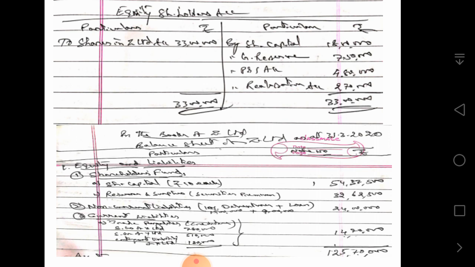Non-current liabilities: 10% debentures plus loan, 15 lakhs plus 9 lakhs is equal to 24 lakhs. Current liabilities are sundry creditors of X Limited, sundry creditors of Y Limited, contingent liability of X Limited. Add these three, 14,70,000. So total 1,25,70,000. So these are the liabilities they have.